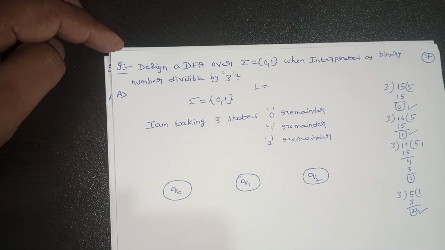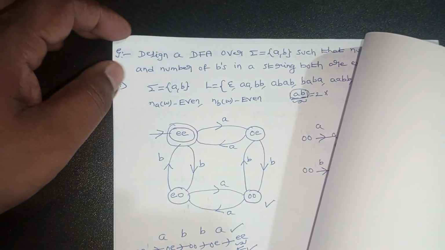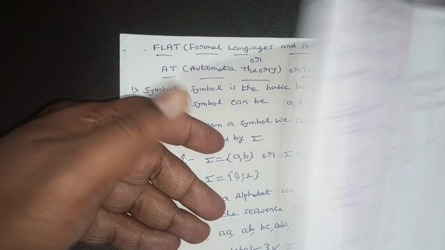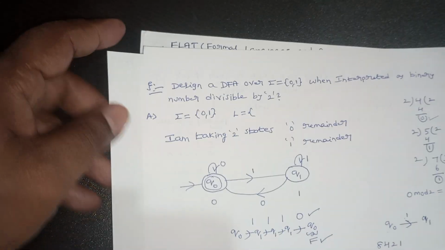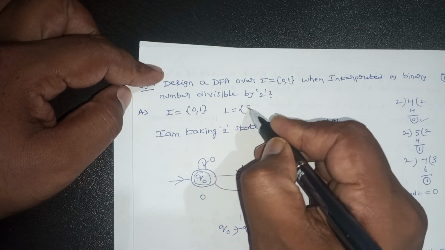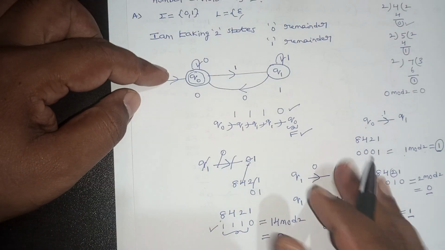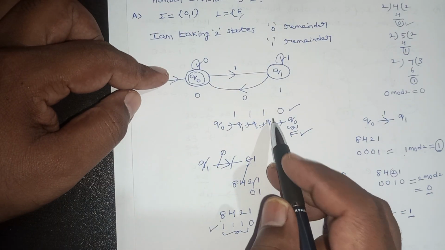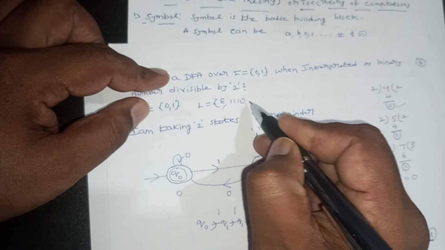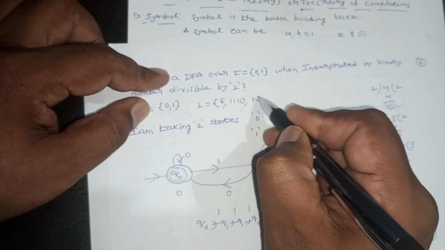So in the previous example, here I didn't write the language, so epsilon will be there. So I am taking this will be in the language. Okay, 1 1 1 0. So 1 0.